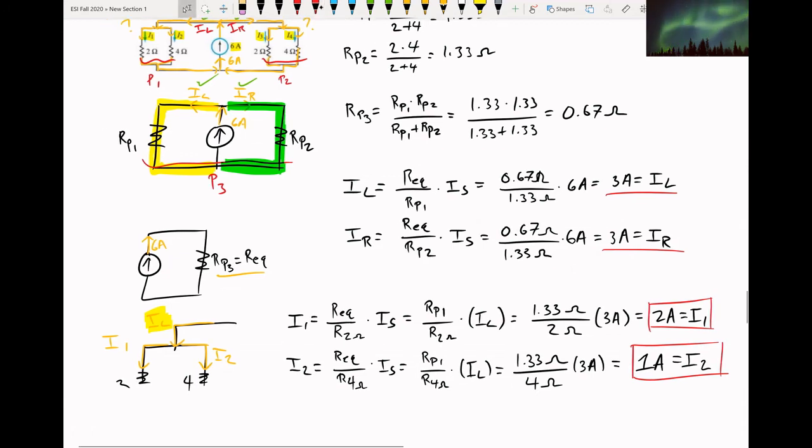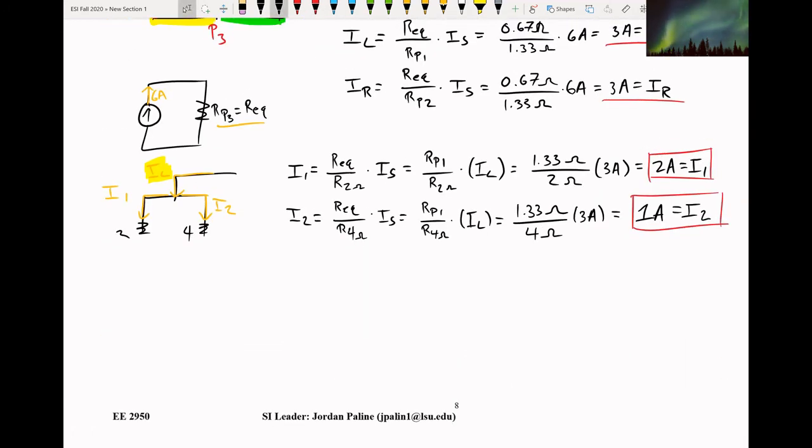I'll scoot down just a little bit. Same deal as before. We're going to have I right come down, and it'll break off into I4 and I3. Something I want you to notice is that I of R is also equal to 3 amps from right there.